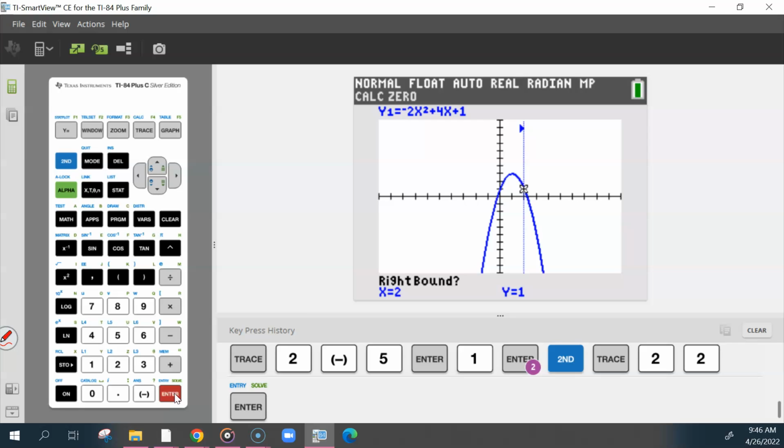And then something to the right of this. What number did we say? 4. And then again, we don't want to guess. And it would give us that same number. So in your calculator, it's more work to find your zeros, but it can be done.